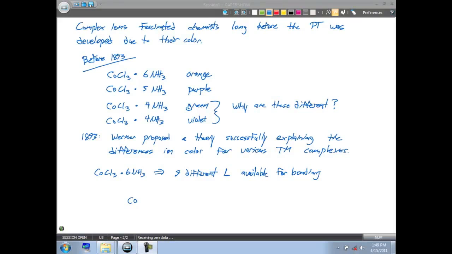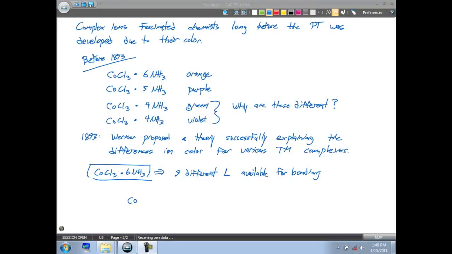So basically, what we can look at here is if I make this particular complex, and then I dissolve it in water, I can figure out what exactly is bound to that particular transition metal and what is going to be, as Werner proposed, a counter ion.